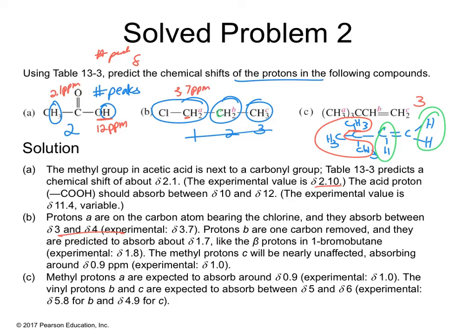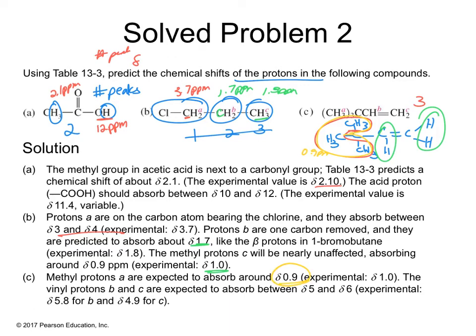This carbon here in between, it's probably not going to be anything exciting, 1.7 ppm. And then this CH3 is probably going to be about 1.3 ppm or 0.9 ppm. Okay, here, these are going to be like at 0.9 ppm.